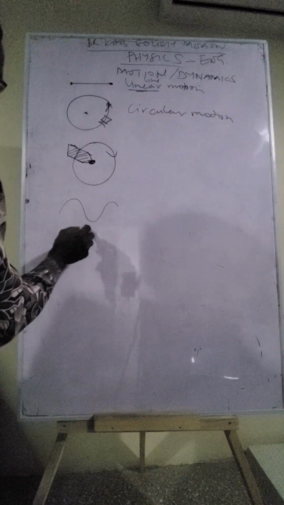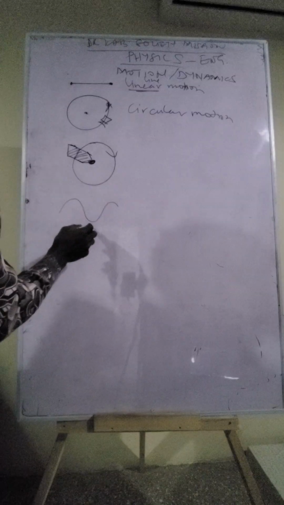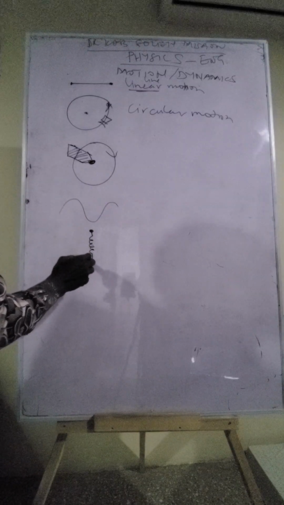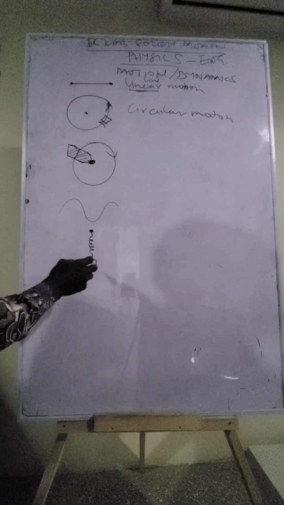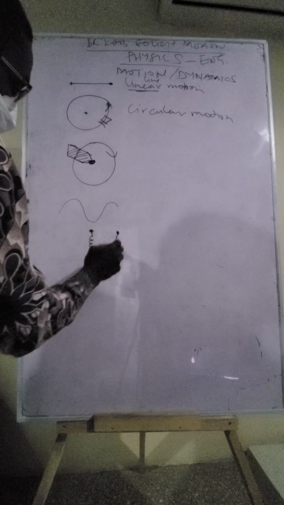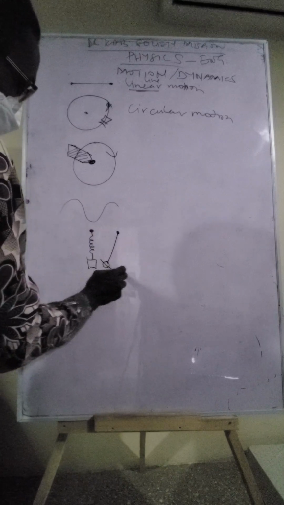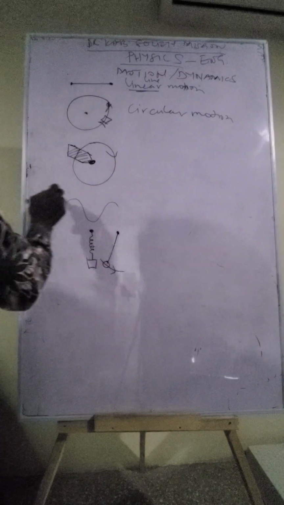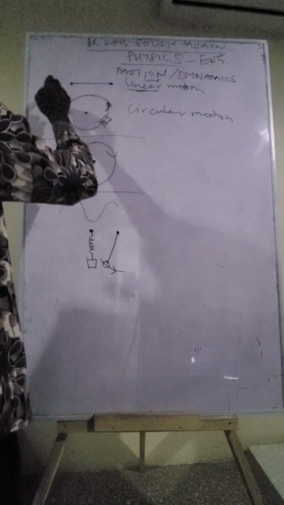Let me add to this one. Let's assume that this is the spring. Okay, the load is attached to it. And then we can also have the pendulum, okay, which is swinging like that. Okay, so you have that, then you have that. So this is a circular motion.